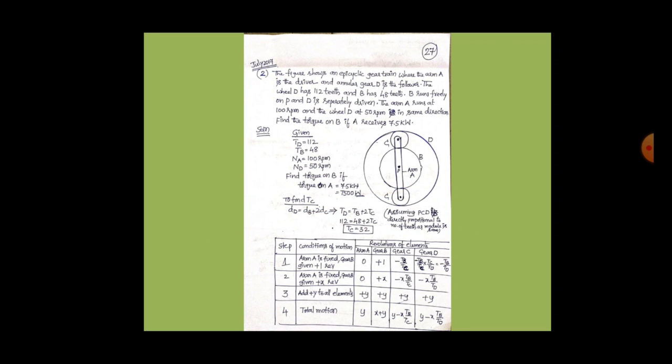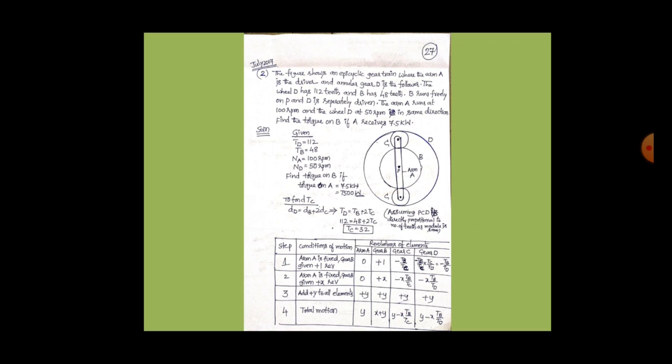So the second problem: the figure shows an epicyclic gear train where the arm A is the driver and annular gear D is the follower. The wheel D has 112 teeth and wheel B has 48 teeth. B runs freely on P and D is separately driven. The arm A runs at 100 rpm and the wheel D at 50 rpm in the same direction.